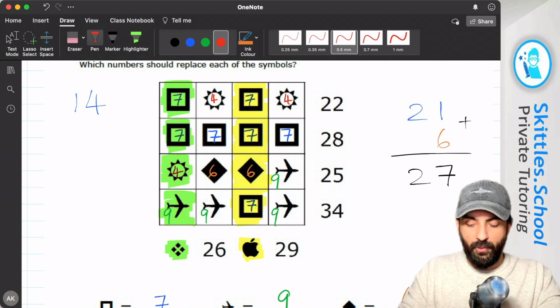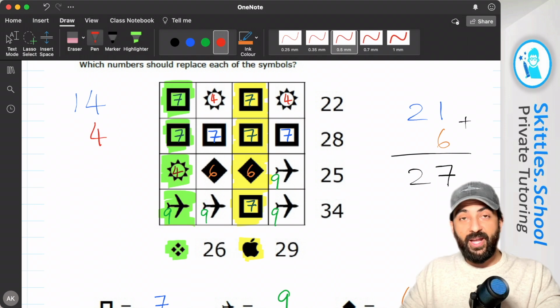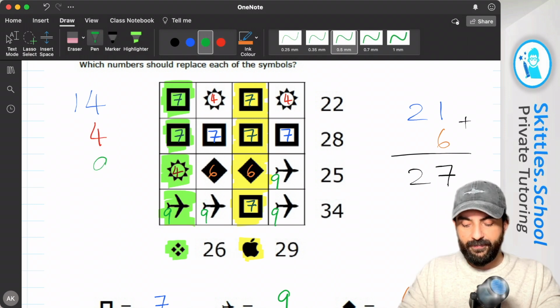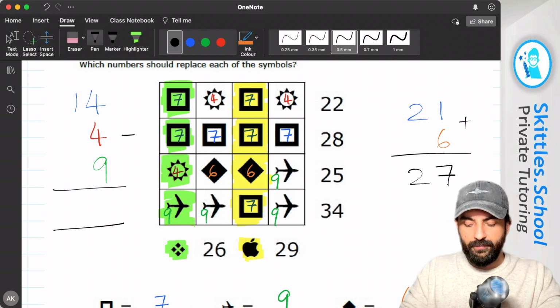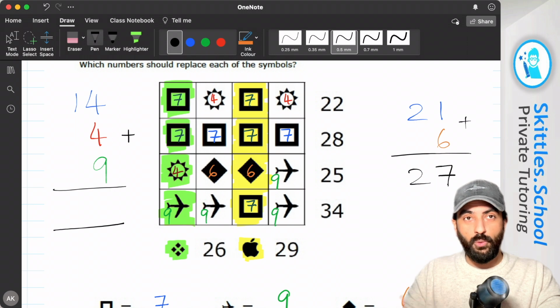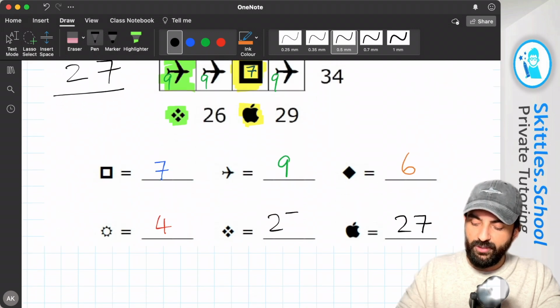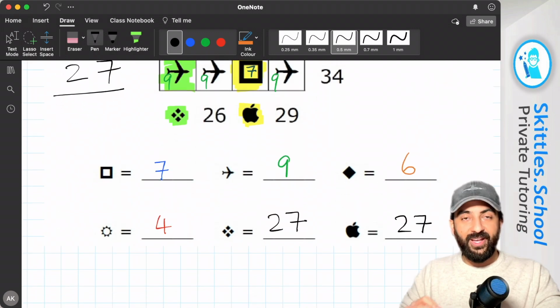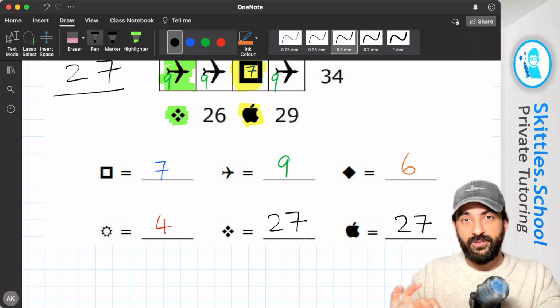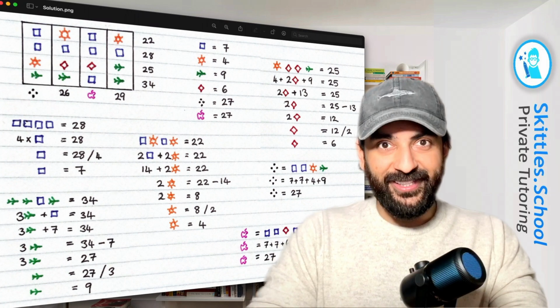The sun is 4, and the aeroplane is 9. And if we add these together, it should make the star. So 14 plus 4 is 18, plus 9 is also 27. So the star is also 27. And there we have it. That's all the symbols filled in. And that's all it takes.